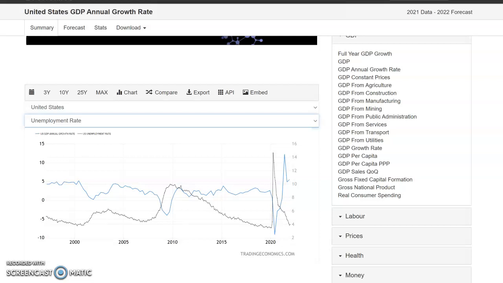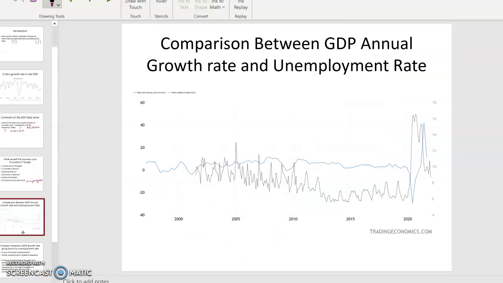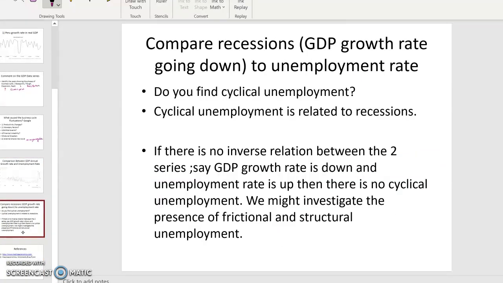My main purpose here, let me explain what I'm trying to look at. I'm trying to see whether we are seeing any kind of cyclical unemployment. Cyclical unemployment is related to recessions.